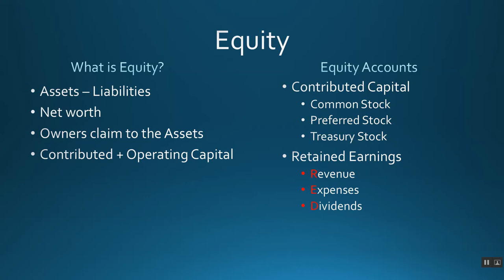So revenue, write this down. Revenue is what did I sell? What was the value of the goods and services that I sold? And expenses are, well, what was the cost? What are the bills that I incurred to sell those goods or services? And then dividends are just a kickback to the stockholders, the folks who purchase the common stock.